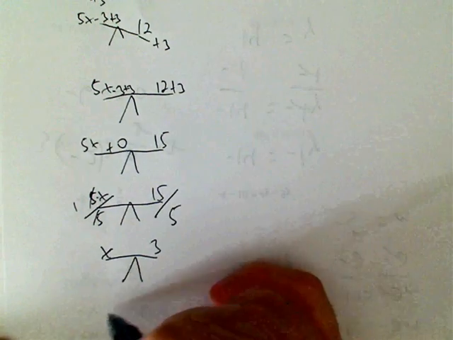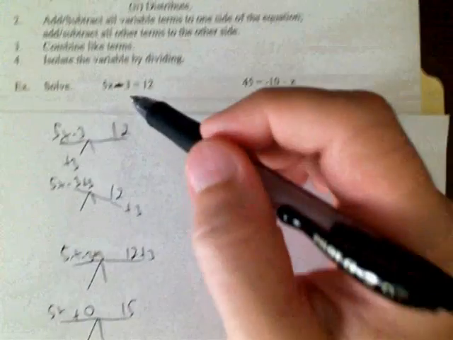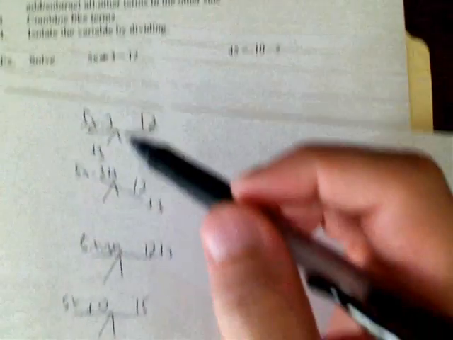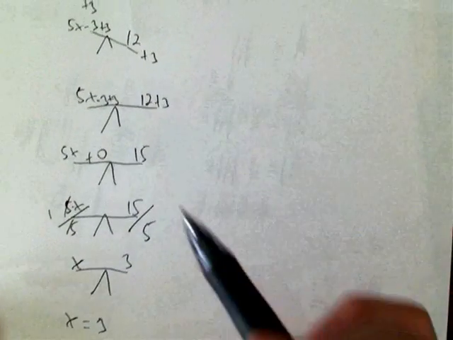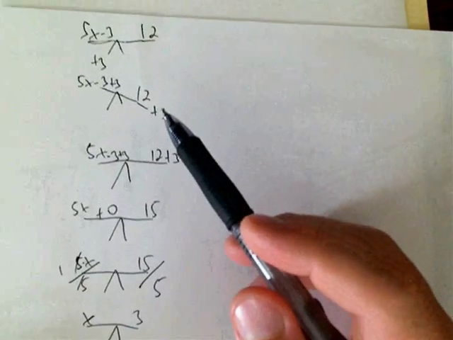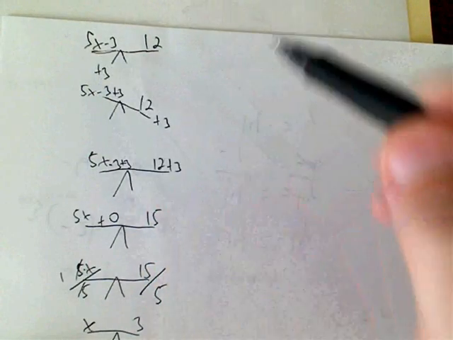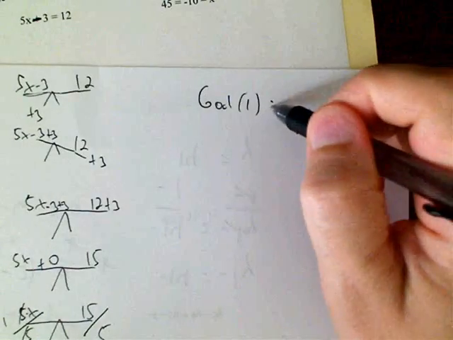And so, what we're saying is, for these two sides to be equal, x has to be 3. Let's check it. 5 times 3 is 15, and 15 minus 3 is 12. It does check out. Now you need to understand some of these steps. We're trying to get the x term isolated, because that's our first goal. Isolate x terms.